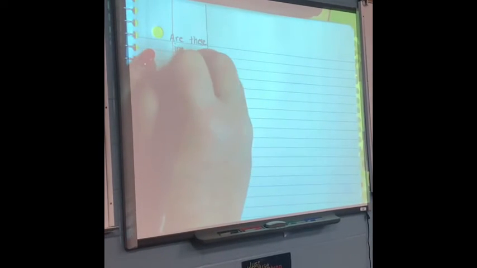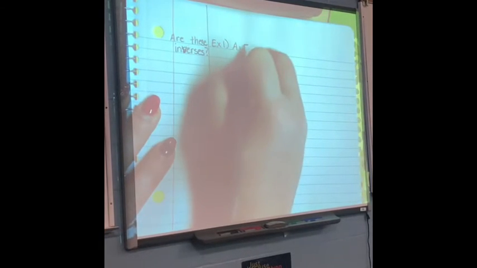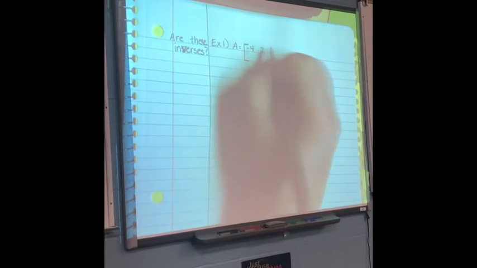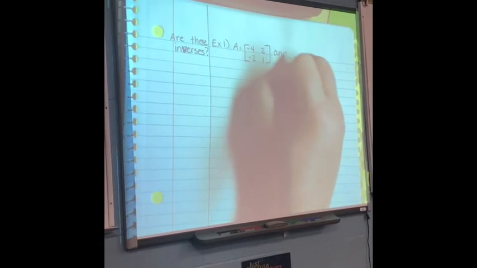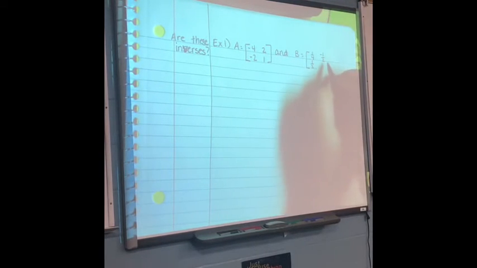So we're going to look and see, are these inverses? Got A that is -4, 2, -2, and 1. And B that is 1/4, -1/2, 1/2, and -1.